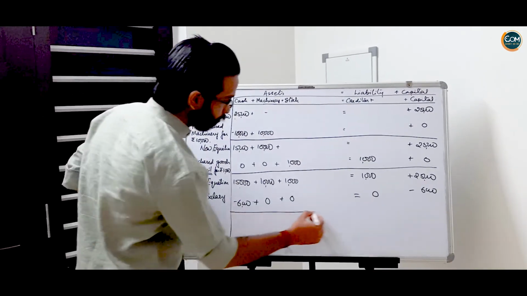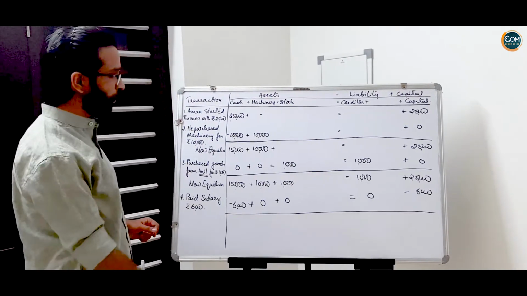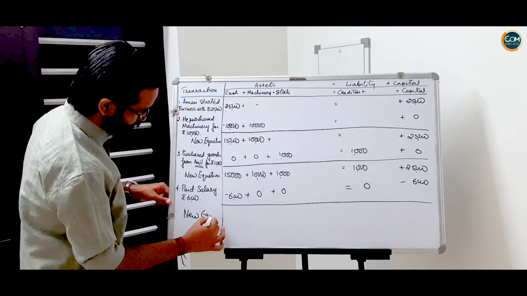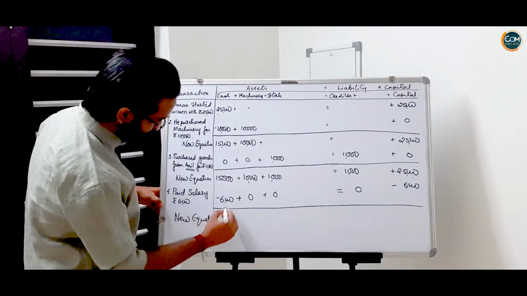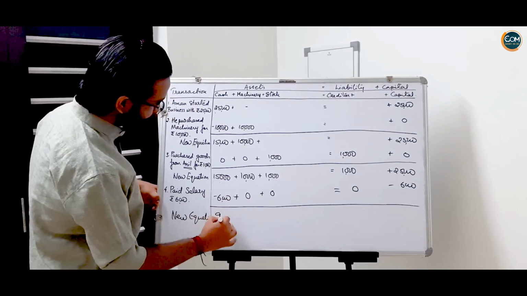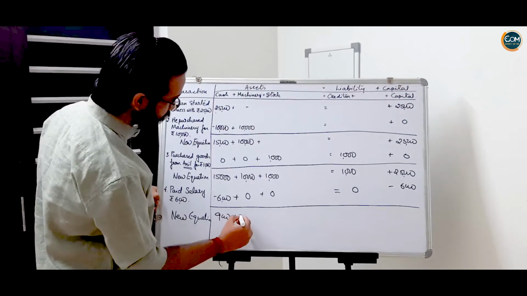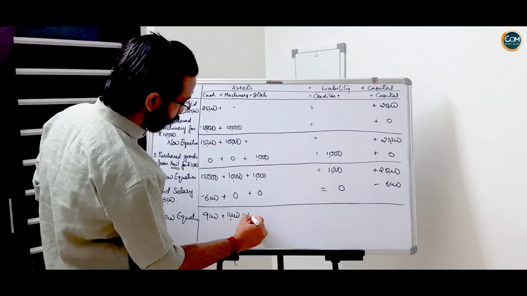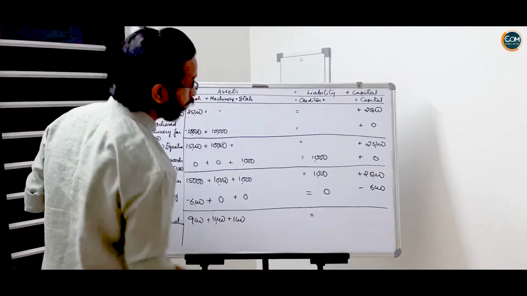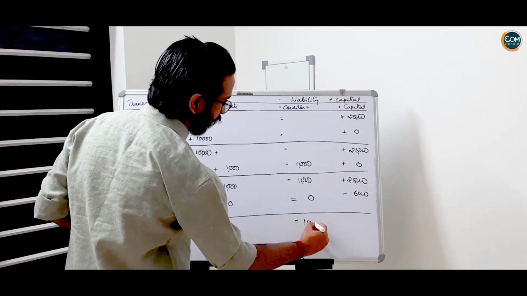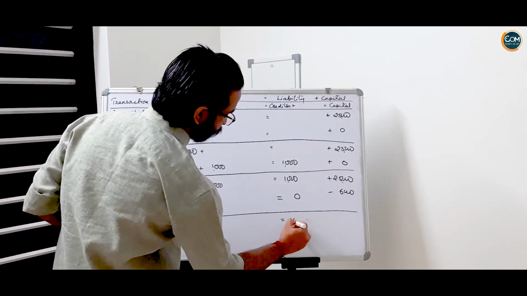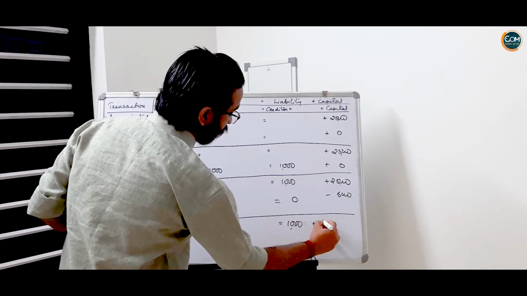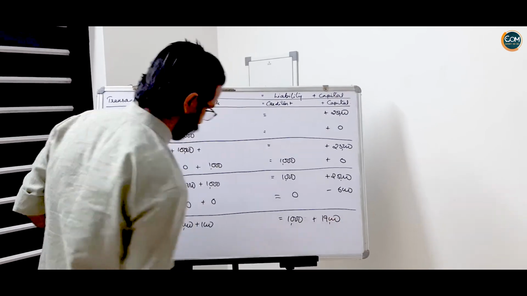Now let us form a new equation after equating this transaction. Cash 9,000 plus machinery 10,000 plus stock 1,000 will be equal to creditors 1,000 plus capital 19,000.